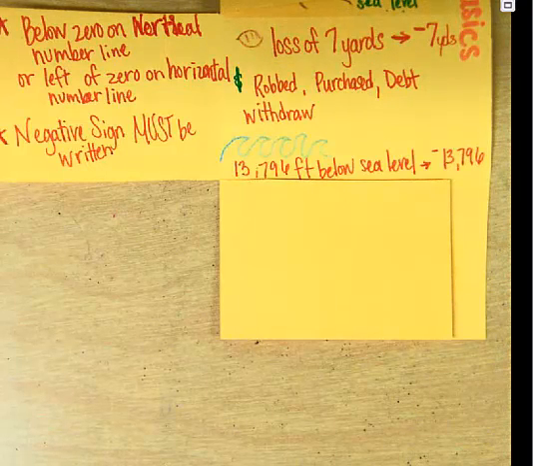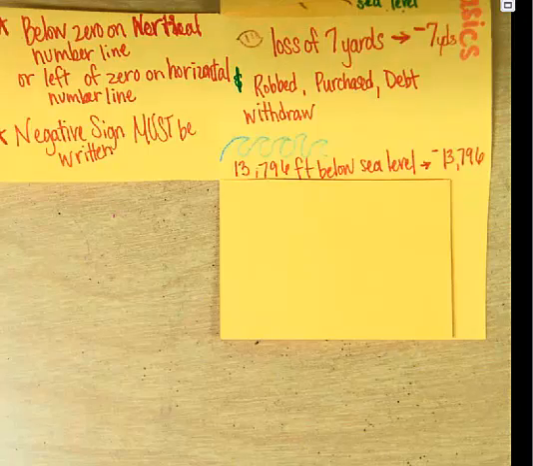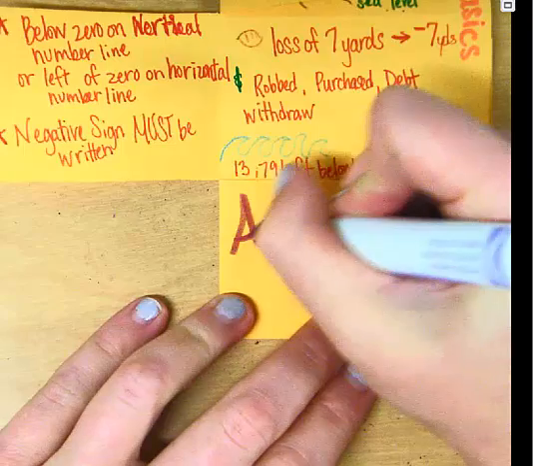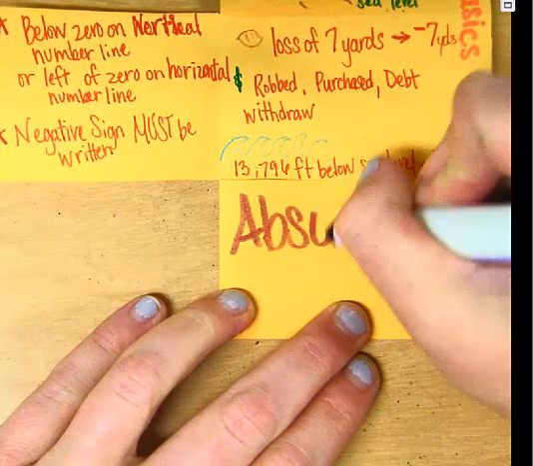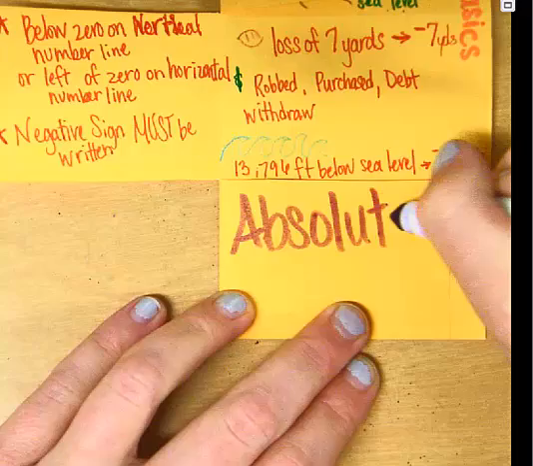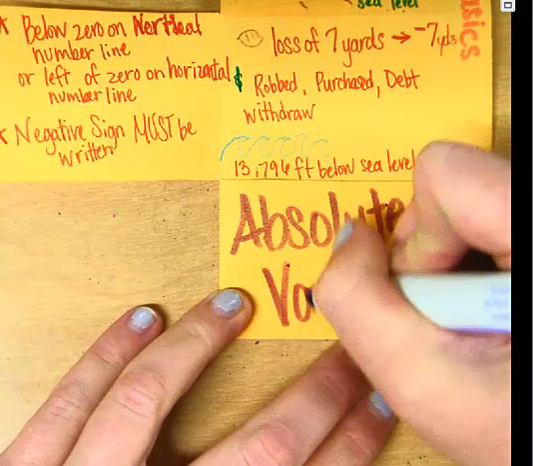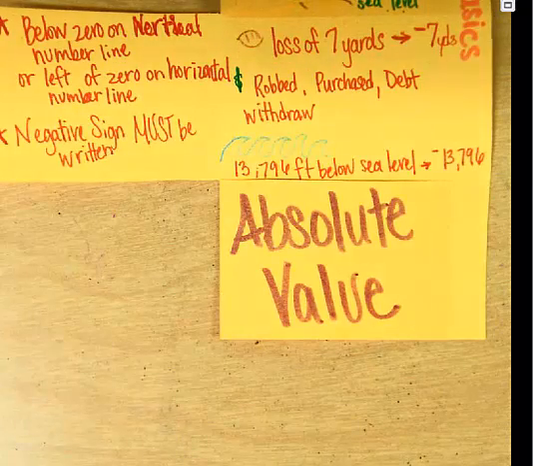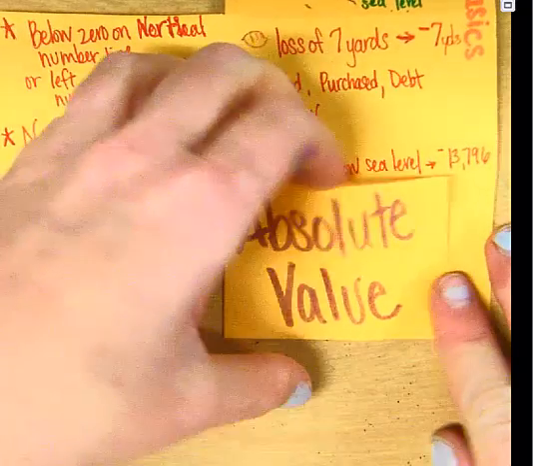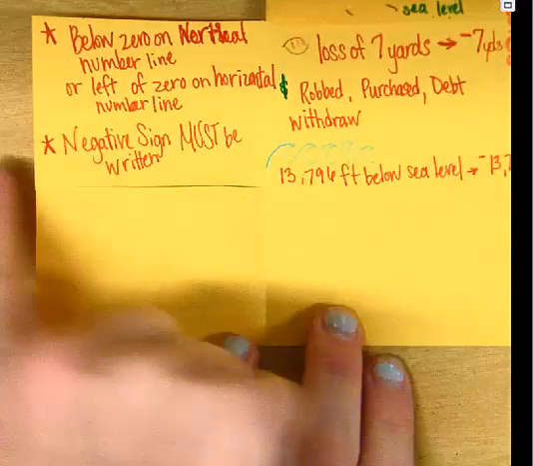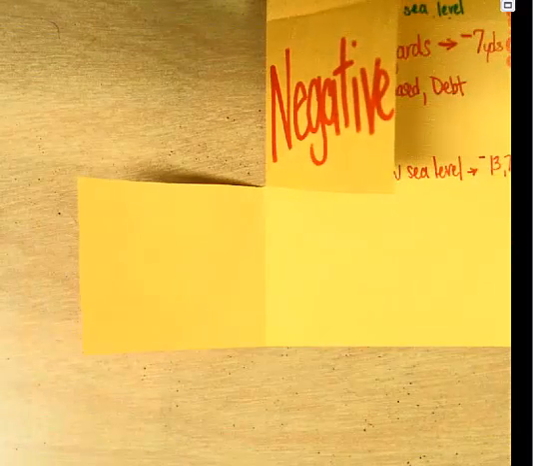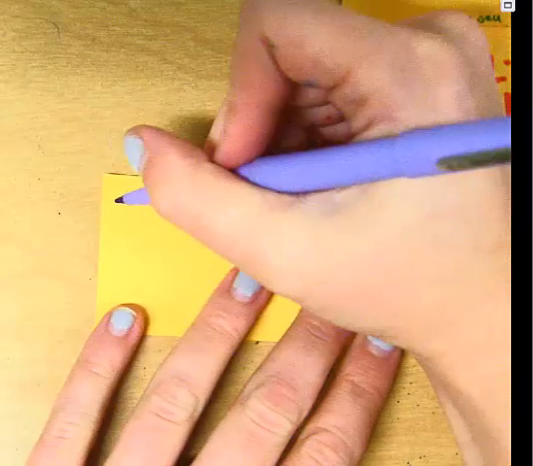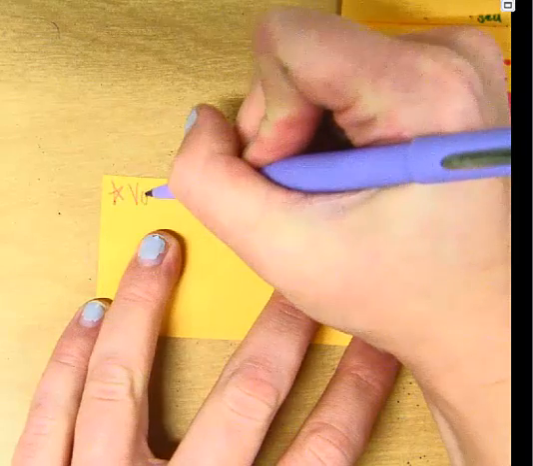Last one. It's going to be absolute value. So when we're talking about absolute value, we're talking about what is the value of that number.